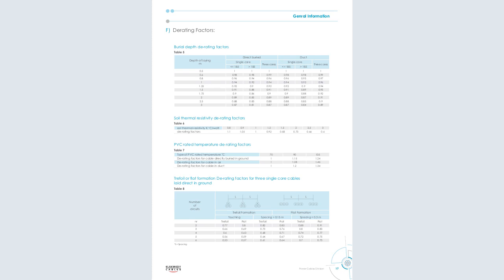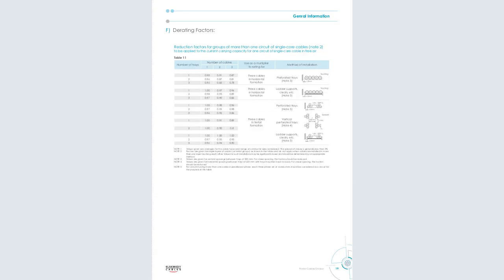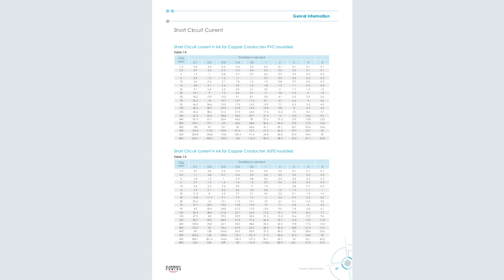Now the rating factors. The current ratings that we are talking about are here. The cables are here, the short cables, the cords, and the tables are here.